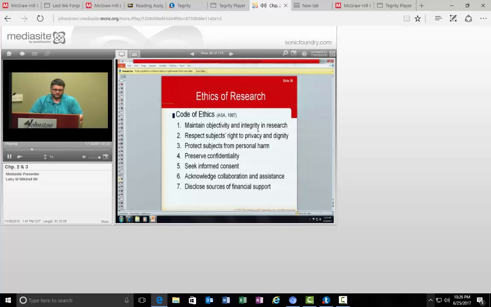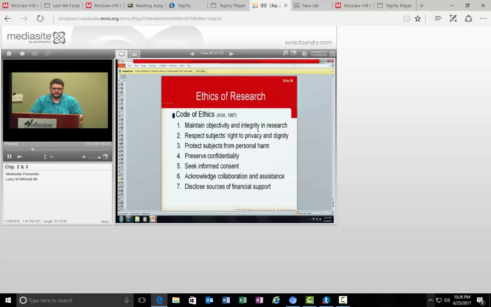And then, for example, a study would also disclose sources of financial support, and that's important too because of the possibility of bias and influence, and losing the availability of neutrality when you have a study.